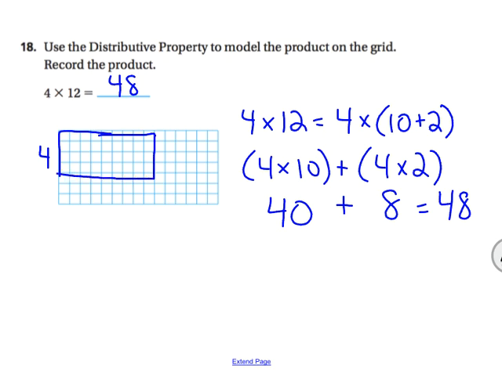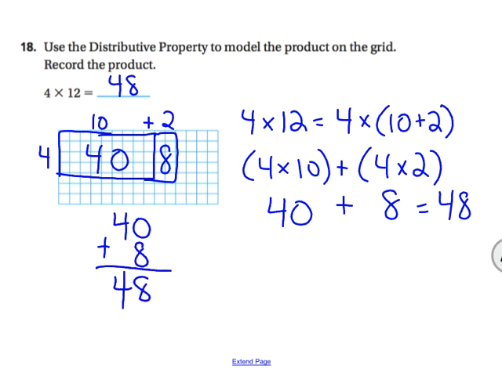Sorry, it's a little off. And this is 4 times 2. Okay, 4 times 10 plus 2. 4 times 10 is 40. 4 times 2 is 8. Then, of course, I have to add the two partial products, and I get still 48.